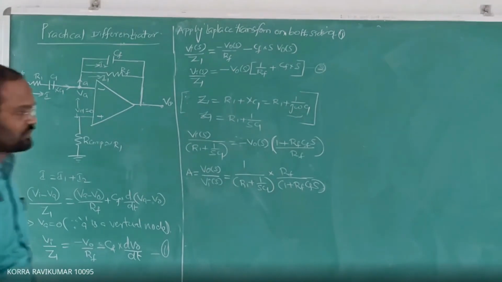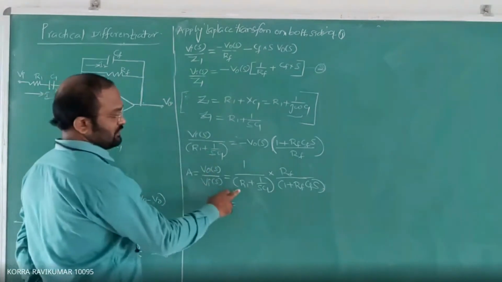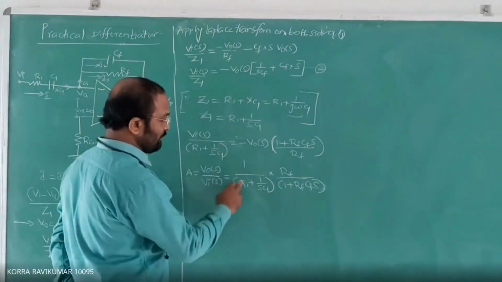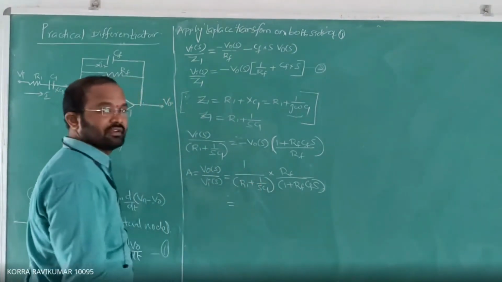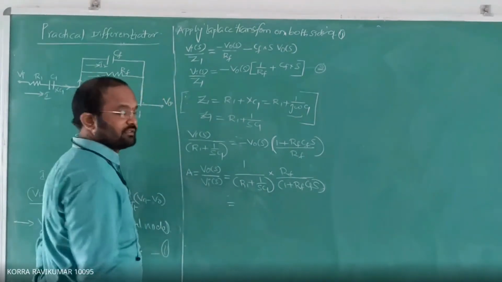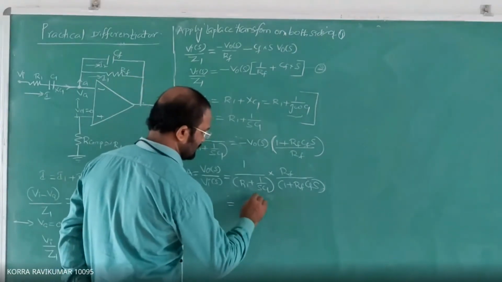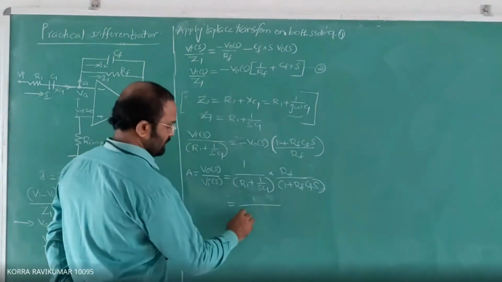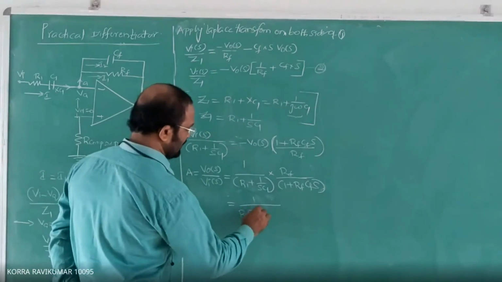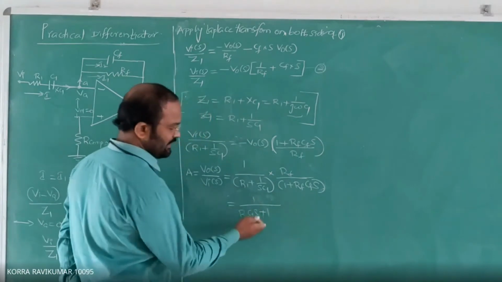See here the expression 1 by R1 plus 1 by SC1. Take SC1 as the LCM here and expand the expression. So 1 by R1 C1 S plus 1 divided by SC1.